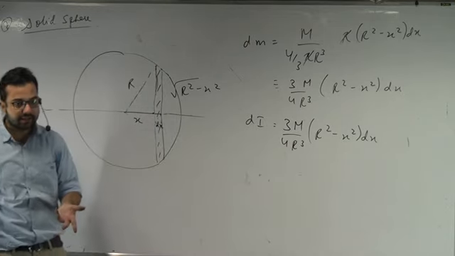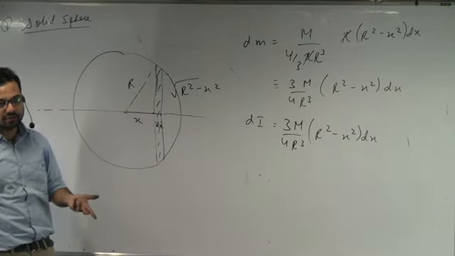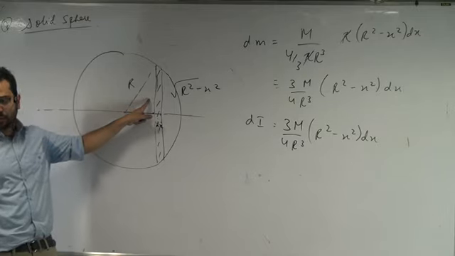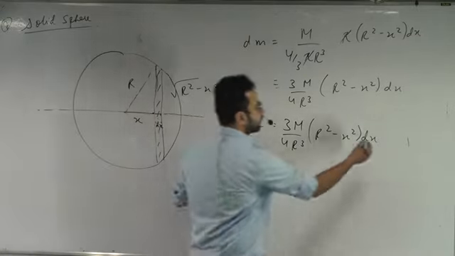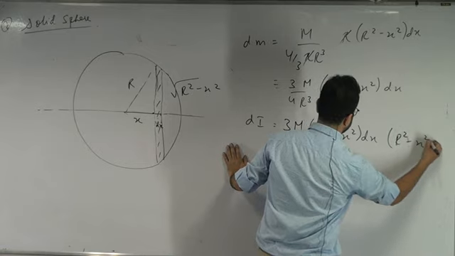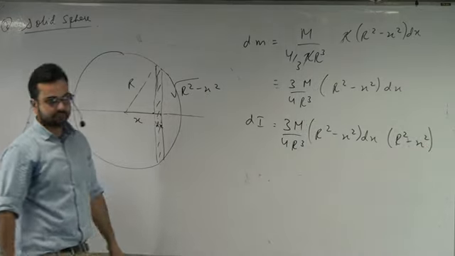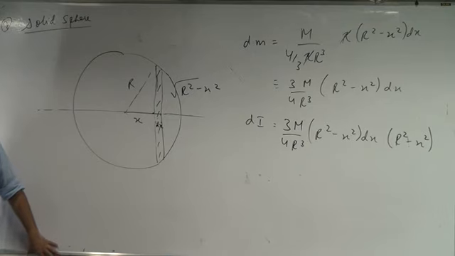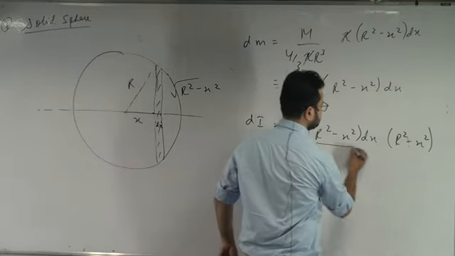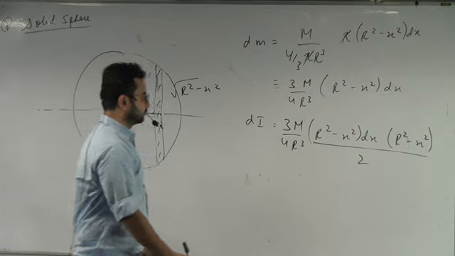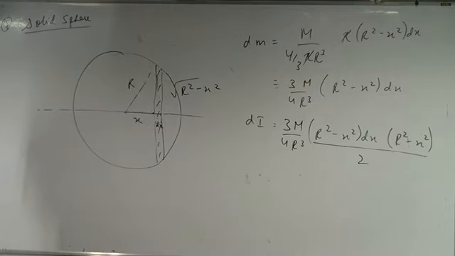अब उसका radius क्या है? r square minus x square का अंडर रूट, तो उसका स्क्वायर करना पड़ेगा. मतलब we have to multiply it with r square minus x square, by 2. ठीक है.